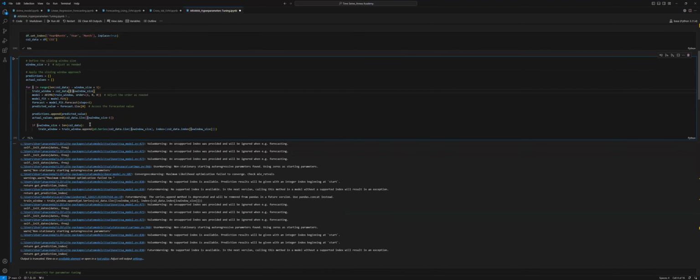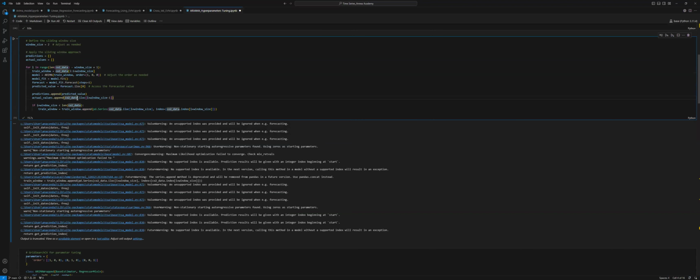As in the previous one, we have now created our ARIMA model using the train window.